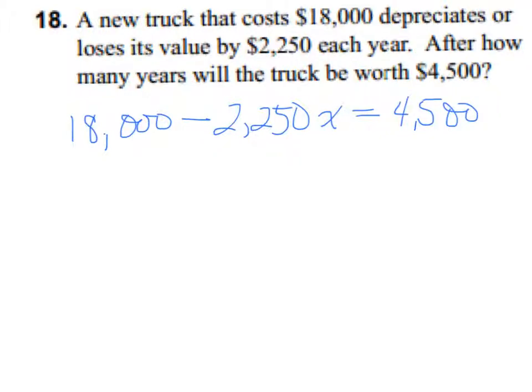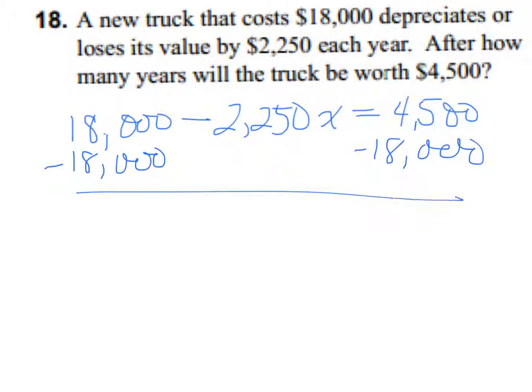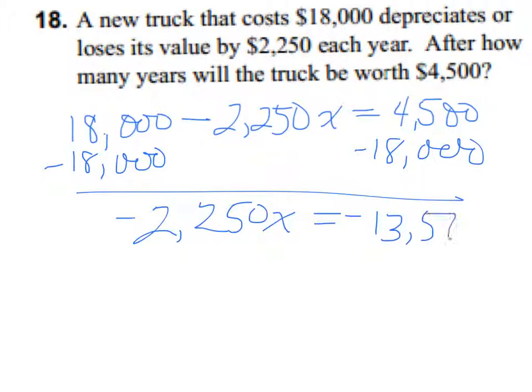So to get rid of the 18,000, I'm going to subtract 18,000 from both sides of my equation. And I have negative 2,250 times x equals 4,500 minus 18,000 is negative 13,500.